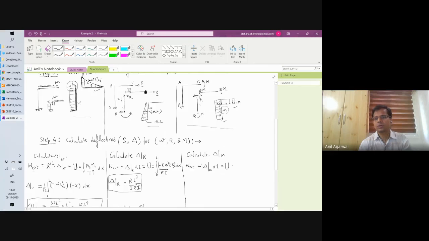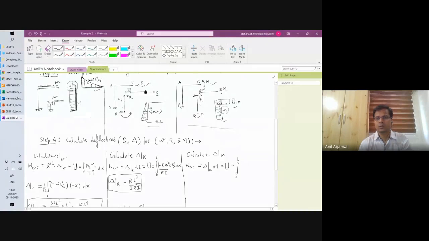That is also equal to strain energy, for which I need to take the bending moment diagram. R is virtual now, and M is real now. So I substitute R equal to 1 here and multiply the two bending moment diagrams. This one has 0, so I just need to take care of the vertical one, from 0 to L, with R equal to 1, so minus x.